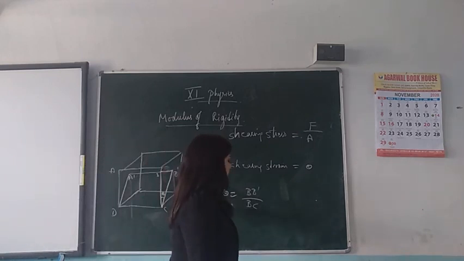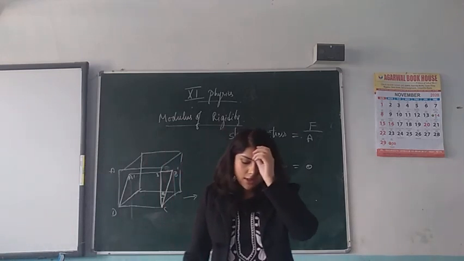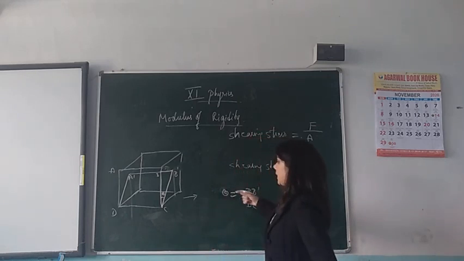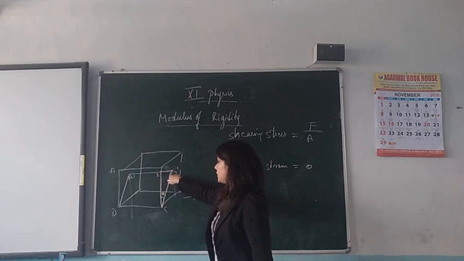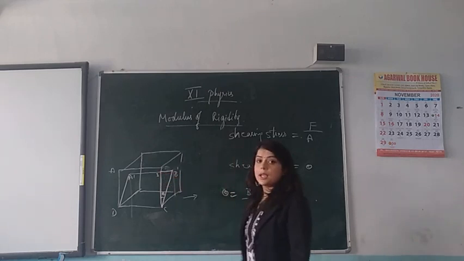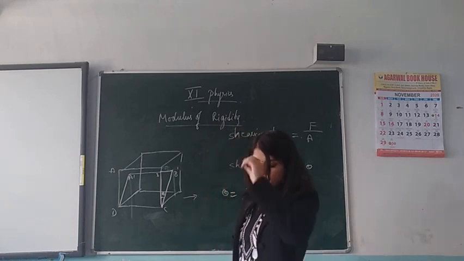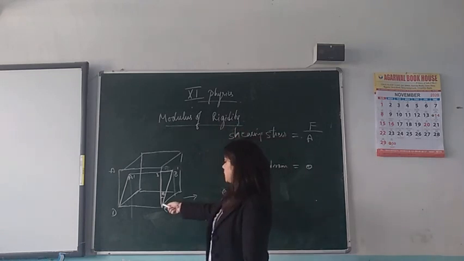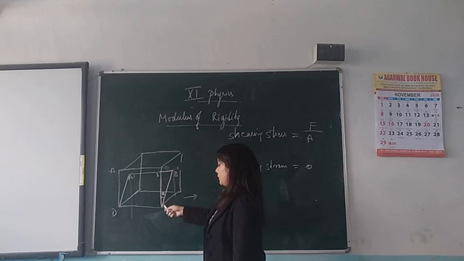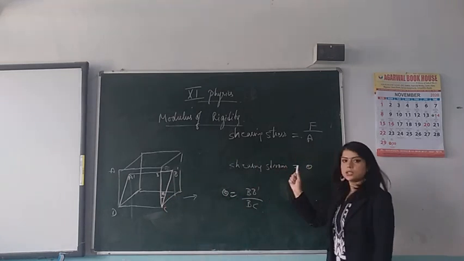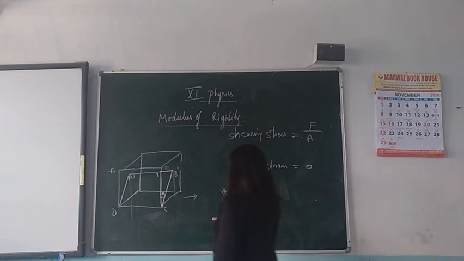Or you can write theta as the displacement of the upper surface divided by the displacement of the upper surface from the fixed point. This is the fixed point, so the amount of displacement on this side divided by this side is the amount of change, that is shearing strain.